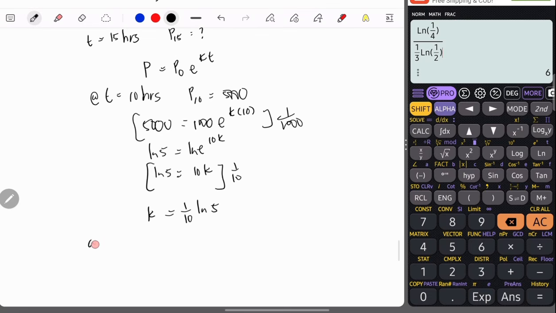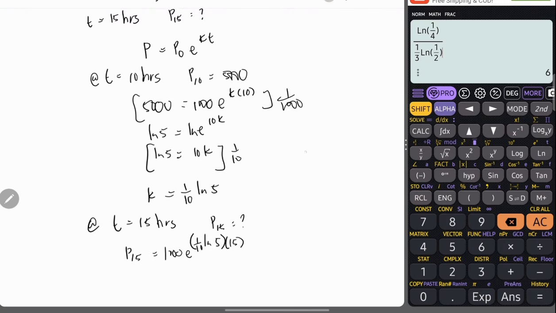So at t equal to 15 hours, P15 is missing. So what is P when the time is 15 hours? P15 equals P sub o, 1,000, e to the k, which is 1 over 10 ln 5, multiplied to 15 hours.